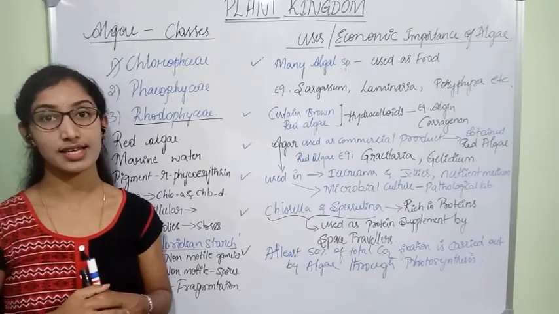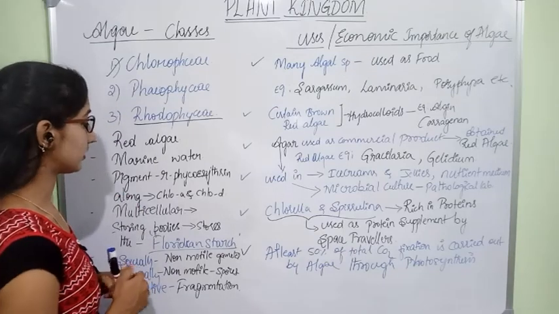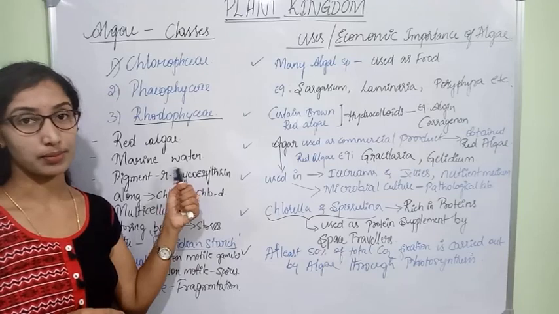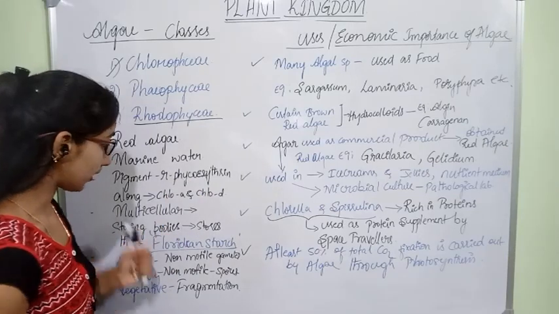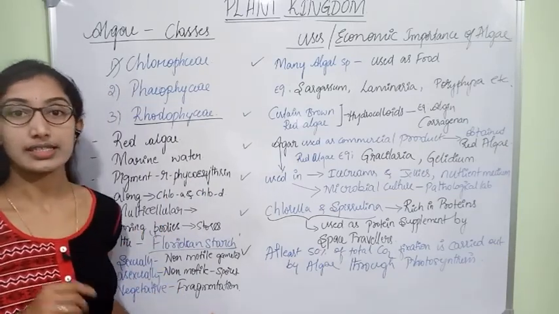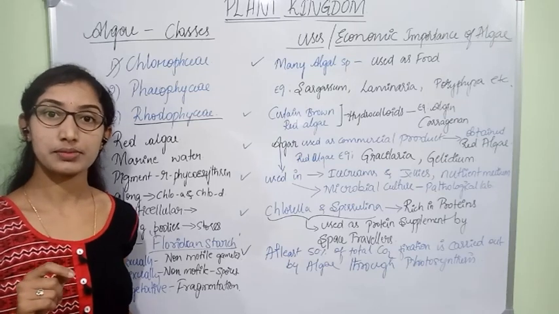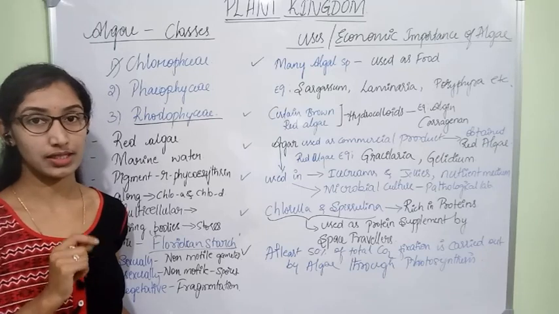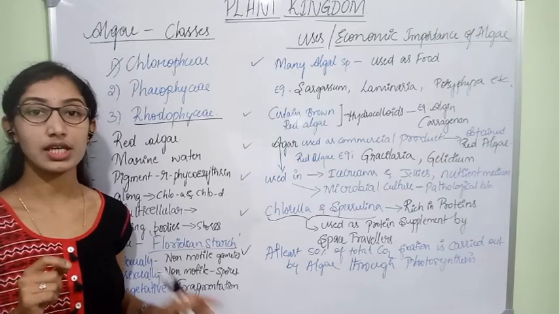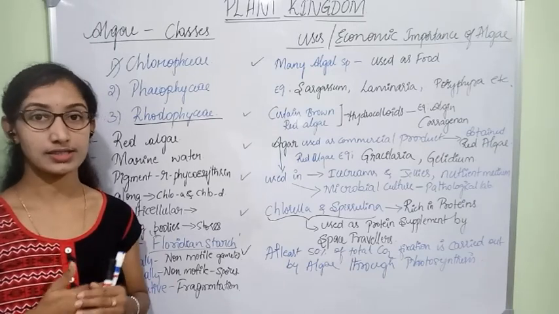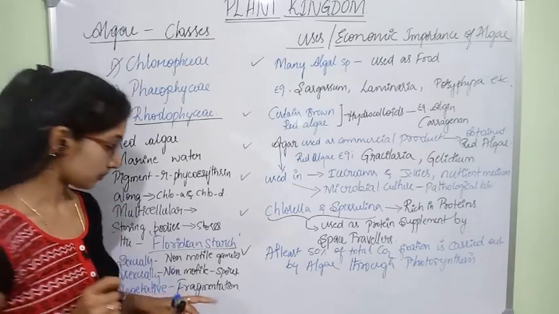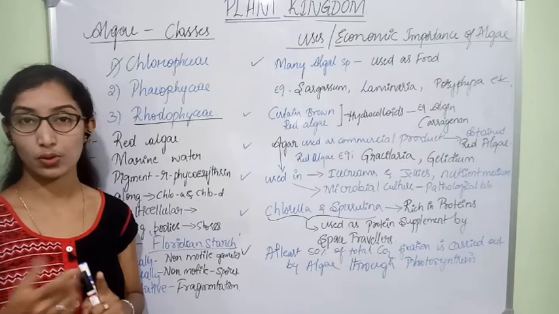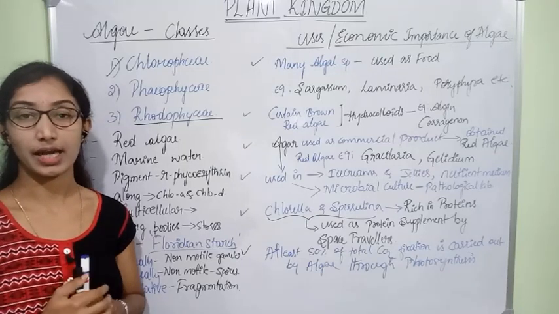These Rhodophyceae are multicellular, differ in color, and are purely marine forms. Mainly about reproduction: in Chlorophyceae as well as Phaeophyceae, we saw all three types, but there we did not observe any non-motile spores or non-motile gametes.